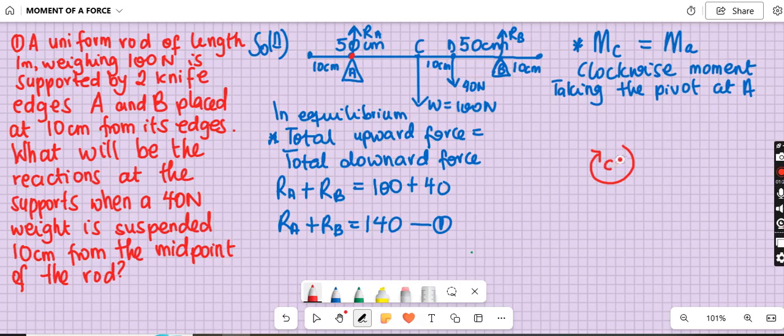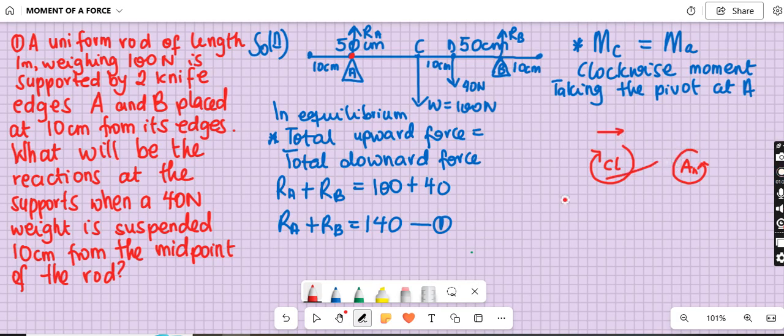Yes, that would be a clockwise movement. But if the force moves from left to right, that would be an anti-clockwise movement. So clockwise is from right to left, moving in this direction.